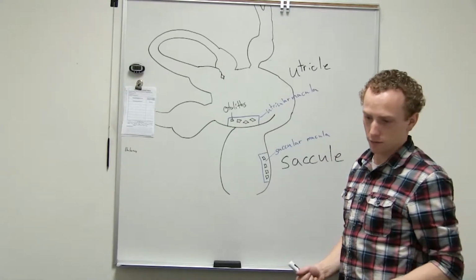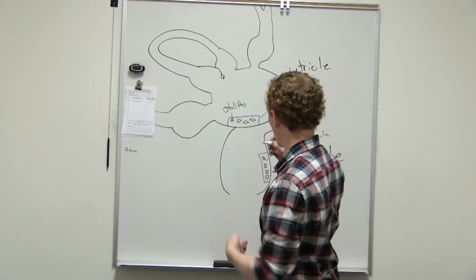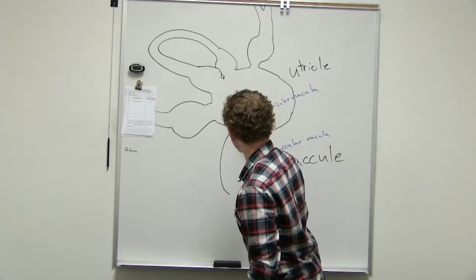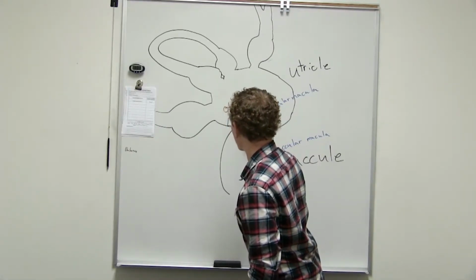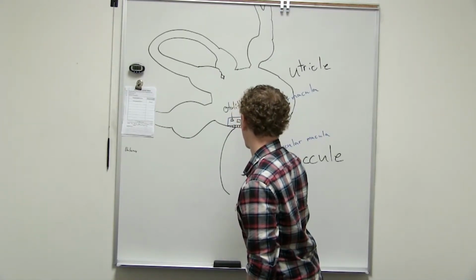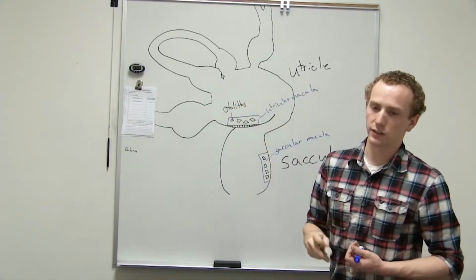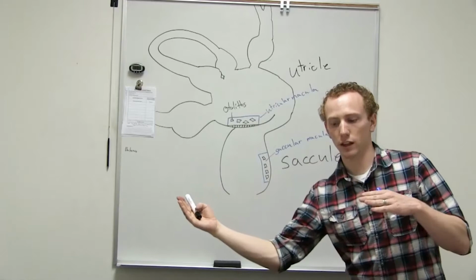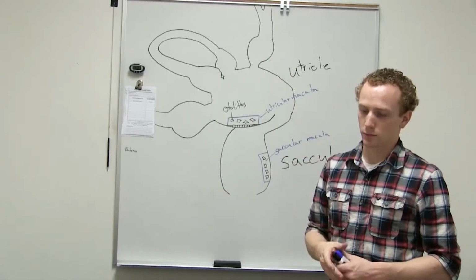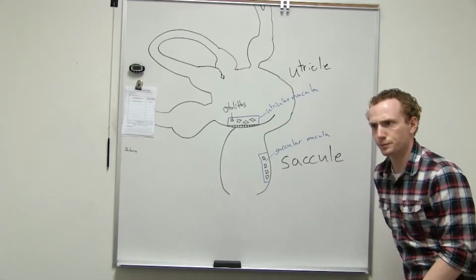At the bottom you've got some hair cells, and on the ends of the hair cells are the stereocilia, which sense whether they're sliding one way or the other. Does that make sense?